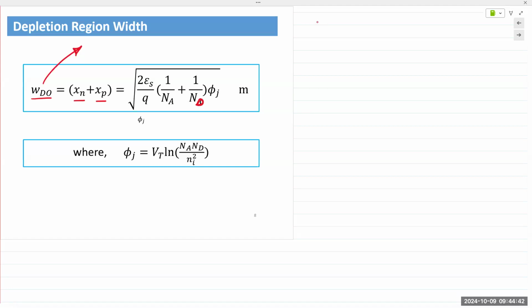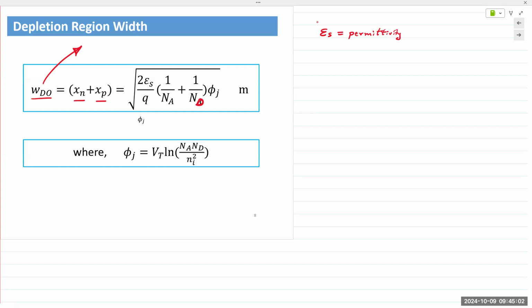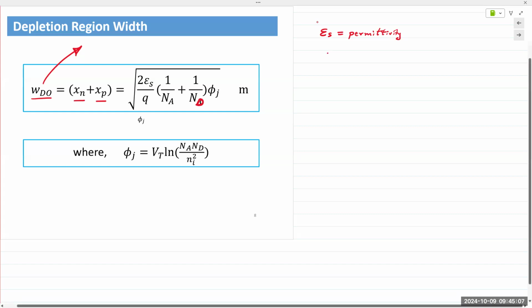That's phi j. q is the standard unit charge. Epsilon s is the permittivity of silicon. Anybody remember the capacitor equation? Capacitance is given by epsilon A over d. Anyway, epsilon s is given by epsilon r times epsilon 0.